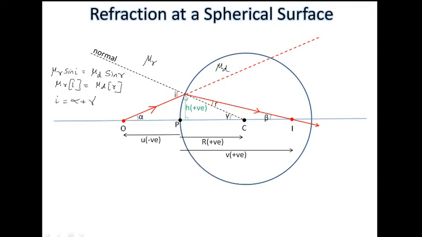Here, this is how we do it. Look at this triangle. Here i is the exterior angle and alpha and gamma are the opposite interior angles. Similarly here, gamma is the exterior angle, and look at this triangle. So beta and r are the opposite interior angles.